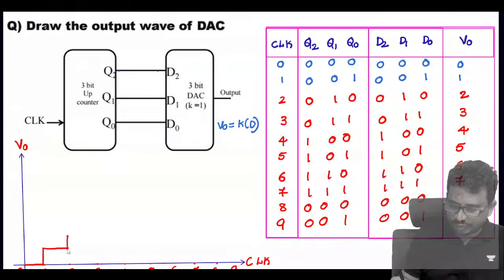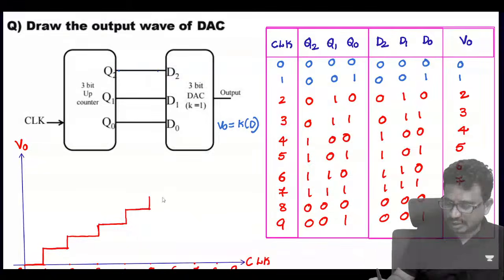The second clock will move to 2. The third clock will come to 3. Next the fourth clock, then the fifth clock gets 5, the sixth clock gets 6, and the seventh clock will come to 7.